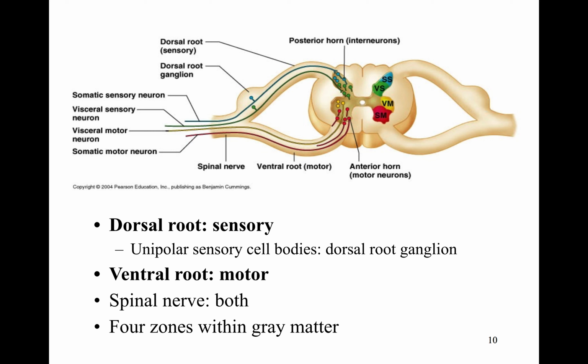So this diagram does a nice job of showing the flow of information from the spinal nerve through the spinal cord. We're going to start up here in this sensory division, or our dorsal root of our spinal nerve.